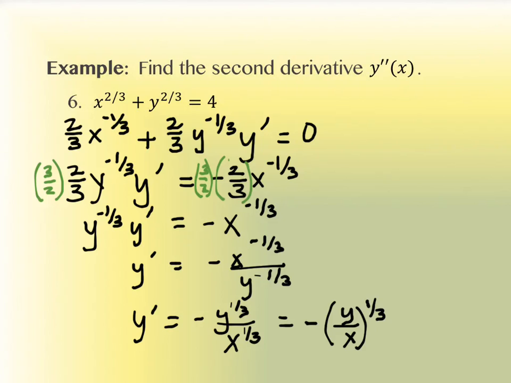You have a couple options anyway. So I think we're ready to do the second derivative, yeah? All right, so my first derivative started like that. So my second derivative then, I've got the negative.